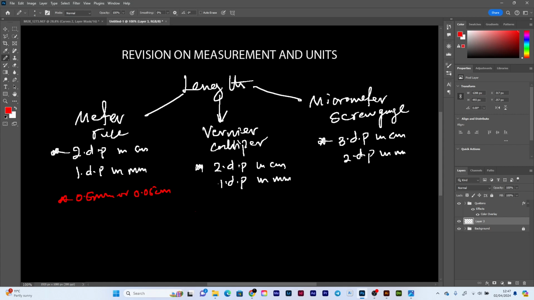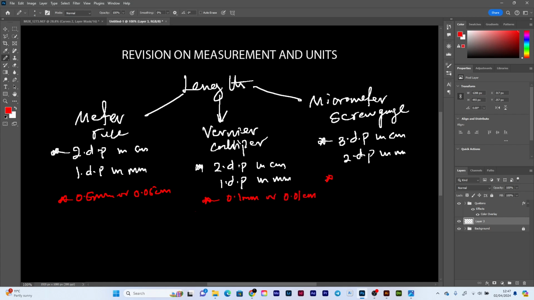Also, for the vernier caliper, the reading accuracy, because the vernier caliper is about 10 times more accurate compared to the meter rule, is given as 0.1 millimeter or 0.01 centimeter.